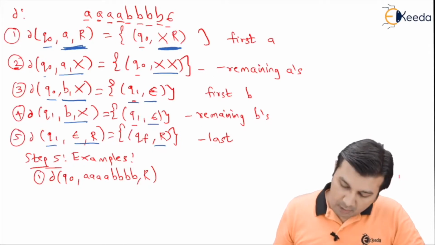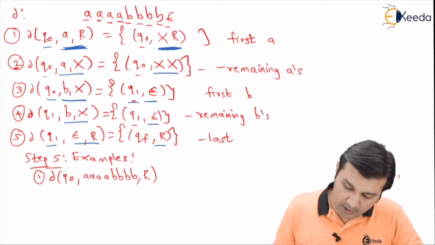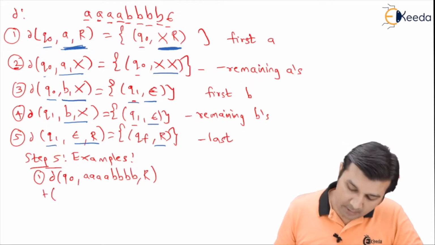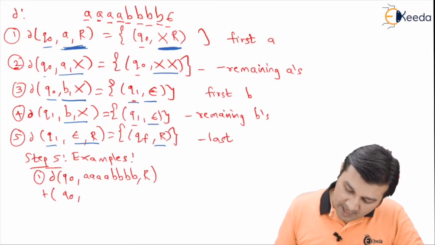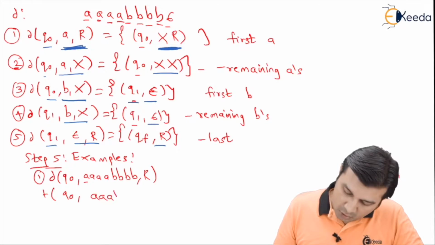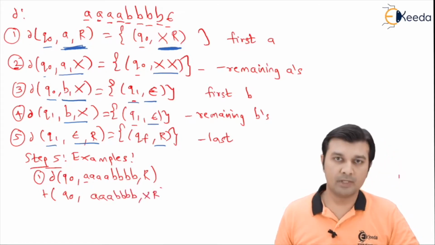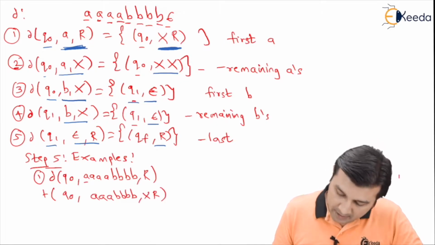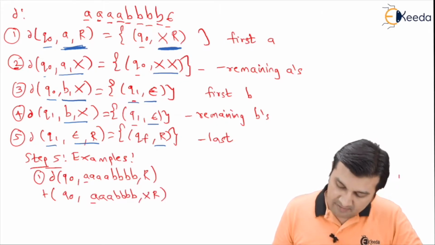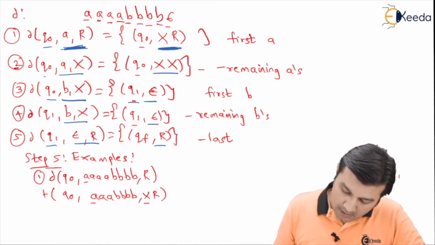Okay, now Q0 on receiving A when the stack top is R, as per rule 1, it says push one X above the R and remain in the same state. So when I scan A, I will be left with 3A's followed by 4B's, but X will be pushed over here. Going ahead, Q0 on receiving A when the stack top is X, as per rule 2, do not change the state.